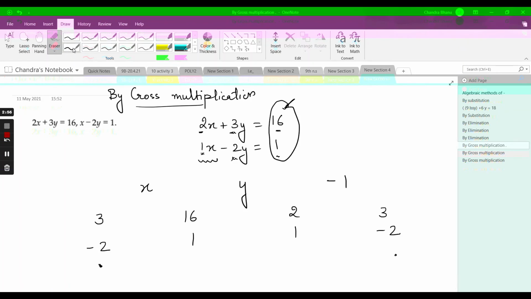So my table is formed here, where what did I do in the beginning? I hid the x terms and wrote the coefficients of the other two terms. I am moving it like this. So when I had hidden the x terms, I wrote the coefficients as 3 and minus 2, 16 and 1.